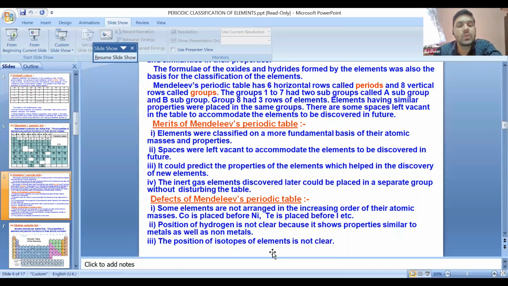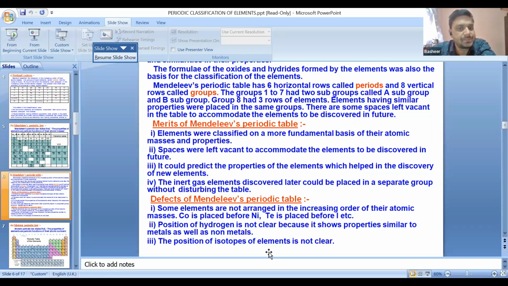And the last, the position of the isotopes of the element is not clear. What is isotopes? I'll just clear here itself what is isotopes, otherwise you people get confused. Isotopes means the elements which have the same atomic number but different atomic mass. Okay, same atomic number means element should be same, but only the change in the atomic mass because of the change in the neutron.